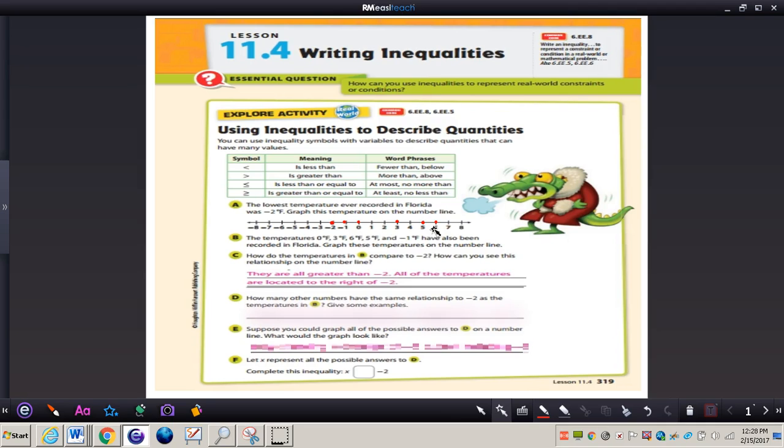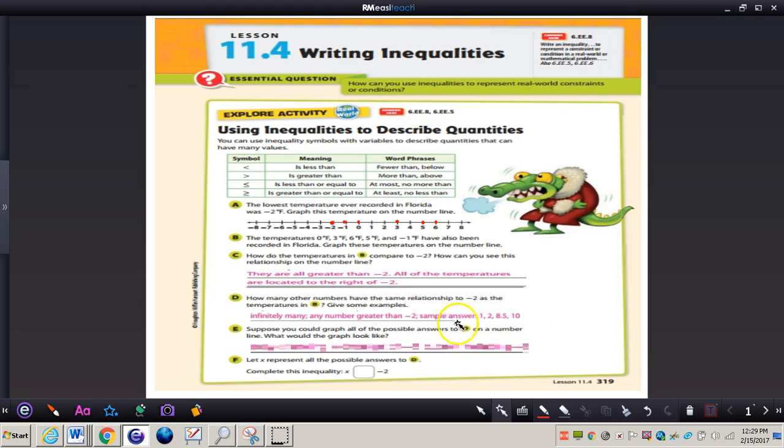Pretty obvious there. Now the next one: how many other numbers have the same relationship to -2 as temperatures in B? In other words, how many other numbers are greater than -2? We could be here from now until who knows when, so infinitely many, any number greater than -2.